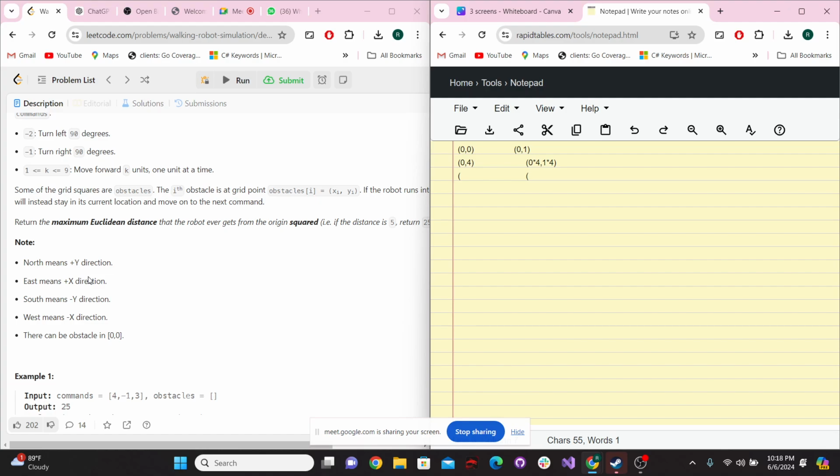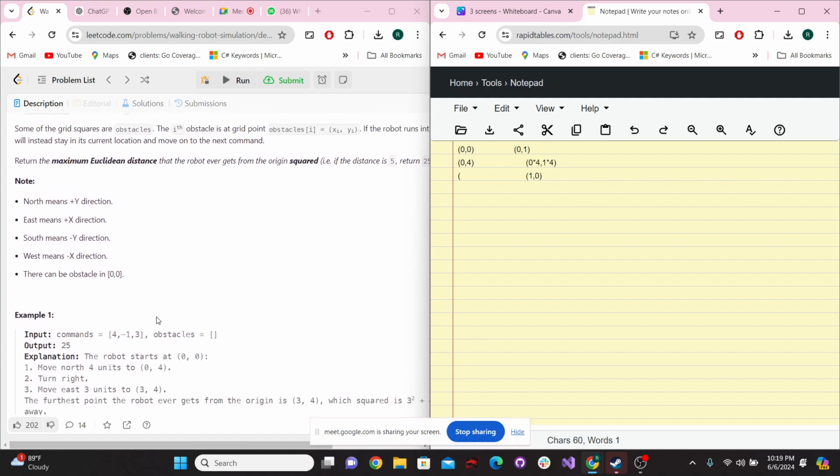Now it needs to go right, so the y becomes 0 and the x becomes 1. So the direction changes to 1 0. The position stays the same at 0 4; on your own pen and paper, you're getting this value, right?